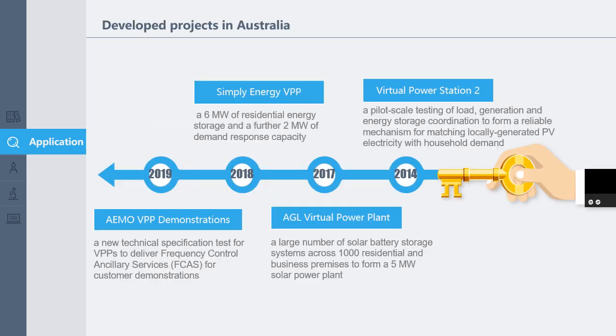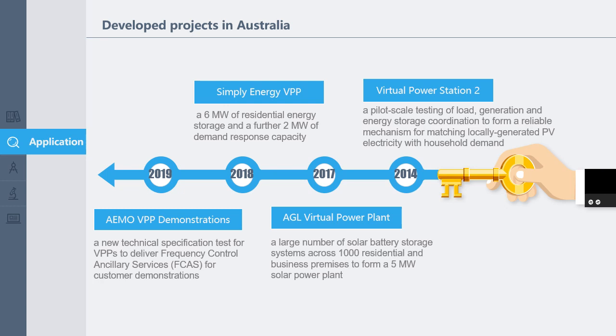Fortunately, the government of Australia has noticed these facts and has been giving financial support to several virtual power plant projects. In 2014, the virtual power plant Station 2 was launched to conduct pilot-scale testing of load generation and energy storage coordination to form a reliable mechanism for matching locally generated PV electricity with household demand.